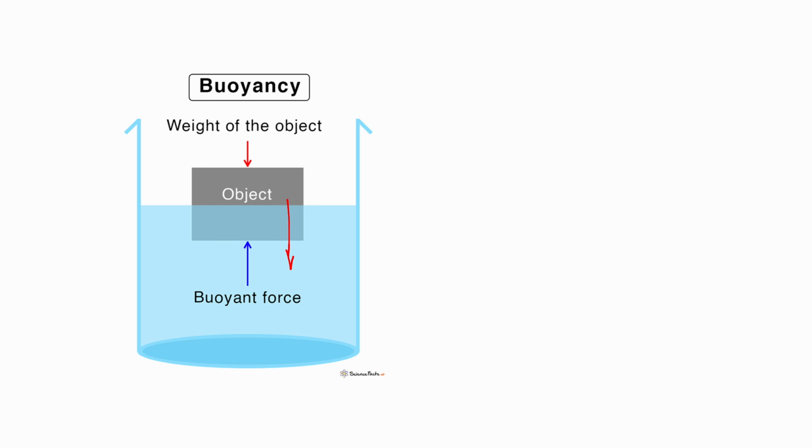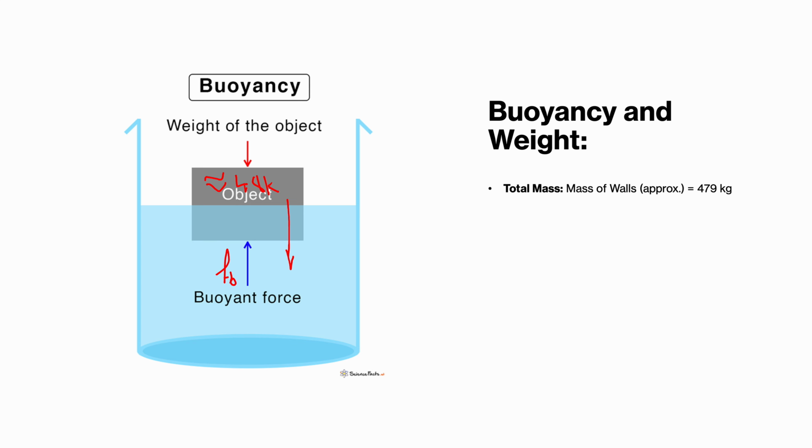As we said, it's roughly equal to 480 kilograms, and there will be a buoyancy force FB, which prevents it from getting drawn into the water. However, our object has mass itself, so in order to dive into the water, our object's force should be more than the buoyancy force.